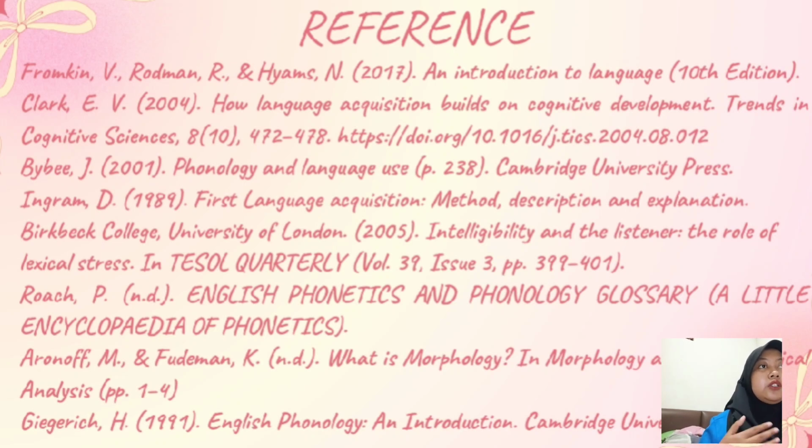Next, Clark's journal article discusses language acquisition and cognitive development, which helps explain how learners acquire stress patterns over time. Then, the book on phonology and language use supports the idea that stress patterns are influenced by usage and morphological processes.